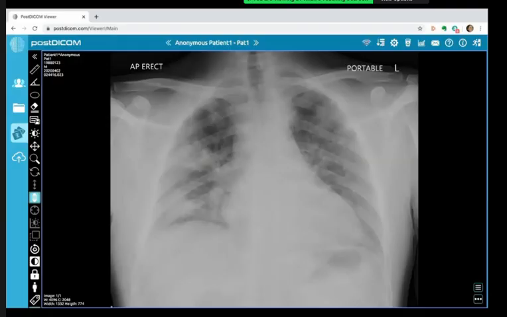So, in summary, this chest X-ray is demonstrating bilateral pulmonary infiltrates, predominantly in the right lung, especially in the peripheral zone. Differential here, in the context of clinical history, this could well represent COVID, but we would have to go by the history.